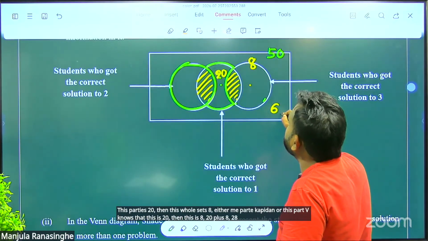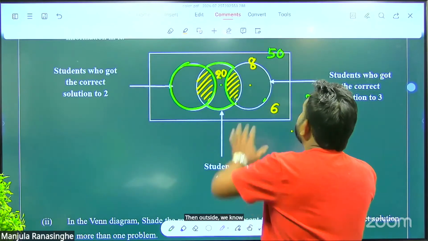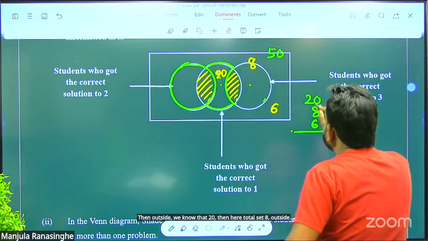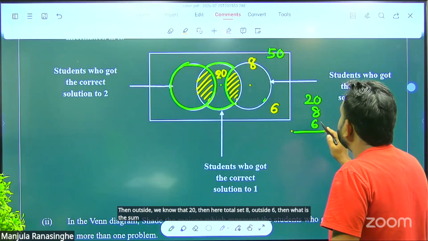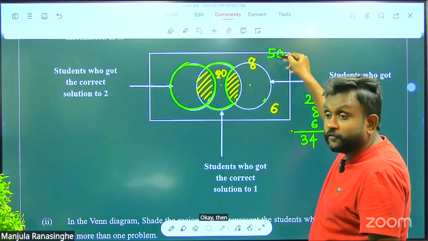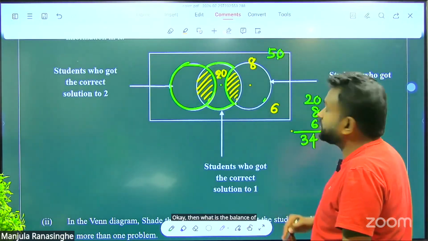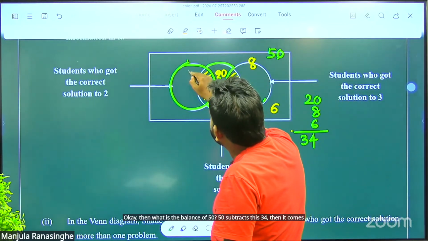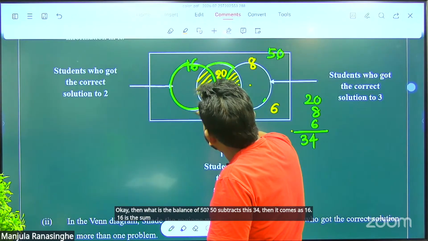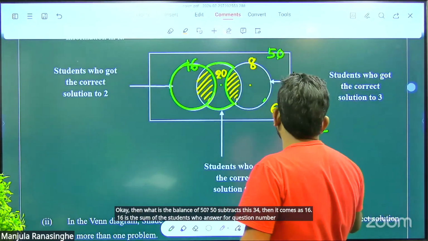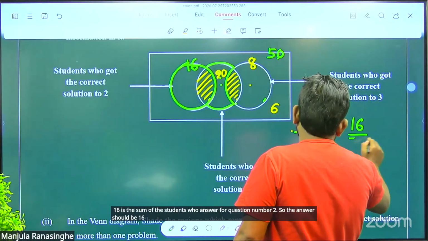Then outside we know 6. Then what is the sum here? 28 plus 6, 34. Okay, then what is the balance of 50? 50 subtract this 34, then it comes as 16. 16 is the sum of this, the students who answered question number 2. So the answer should be 16 for that one.